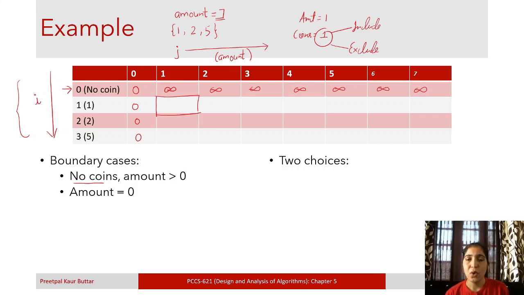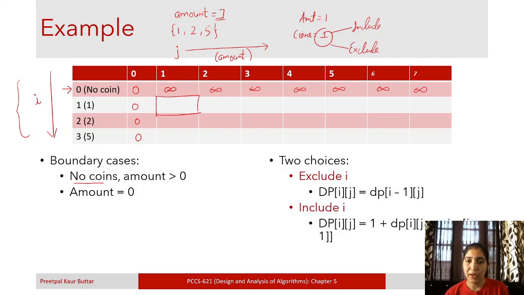Okay, so exclude I or include I. Okay, so what will happen if you decide to exclude I? Here I is 1. I am talking about this problem. Okay, so exclude I. If I decide to exclude the 1 rupee coin, and the amount I want to make is 1, right?